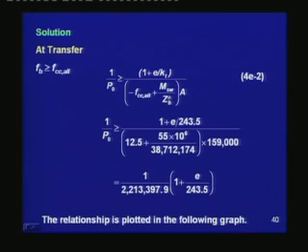Now for the corresponding inequality relationship, we are substituting the value of Kt, Msw, Zb, A, and the compressive stress at transfer can go up to 12.5, and the negative value makes this positive, and we have the relationship 1 by P0 should be greater than or equal to 1 divided by 2213397.9 within bracket 1 plus e divided by 243.5.